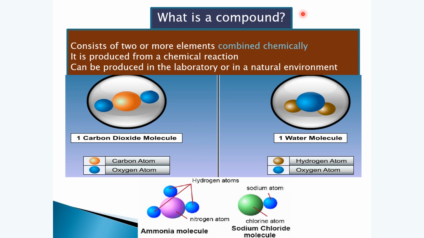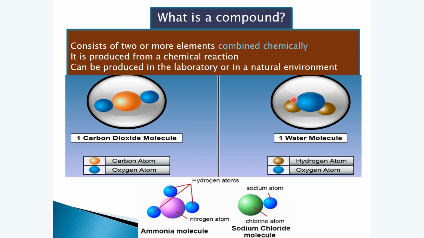What is a compound? A compound is a substance made up of two or more different elements chemically combined together in a fixed ratio. Therefore, the properties of a compound are usually different from the elements it is made up of. Compounds can be found naturally or can be produced in a laboratory. For example, water.